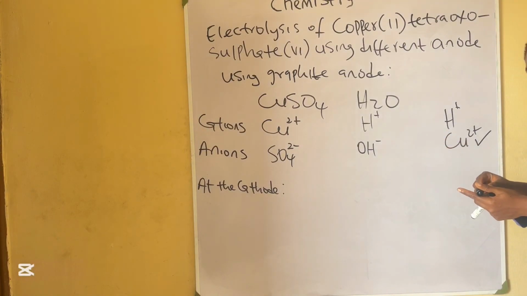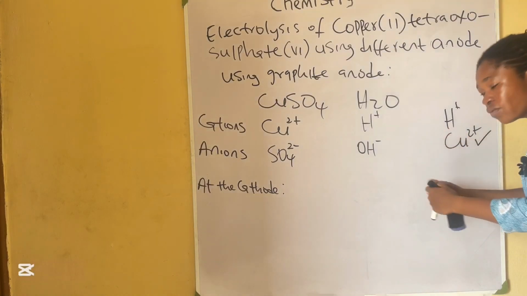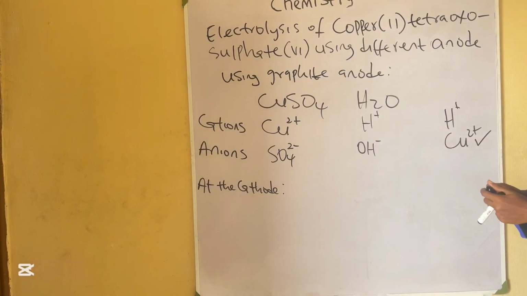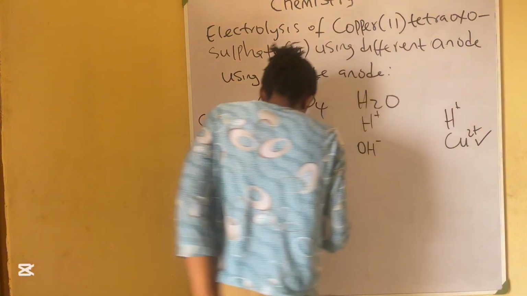And what happens there at the cathode? Reduction takes place at the cathode. So copper ion is going to accept electrons from the cathode and become deposited as a neutral atom, which is metallic copper.